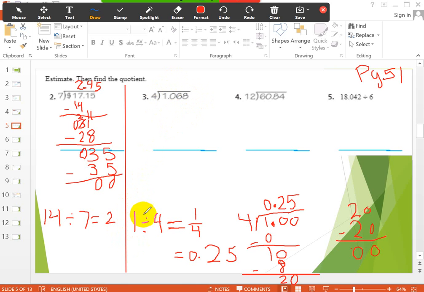I can't round this number to 4, because 4 is too far from 1. So the nearest whole is 1. So here I will divide 1 by 4. How will I divide 1 by 4, when 1 is smaller than the divisor?